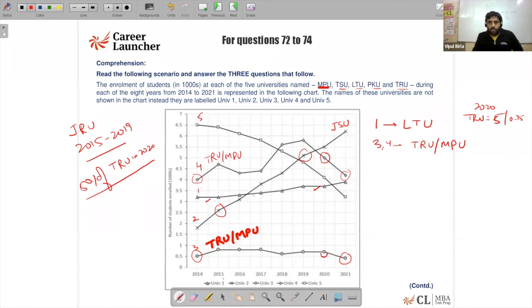So the change is 2.6, and it is 50% of what? 5. So therefore, I can straight away say that 4 is going to be TRU, 3 is going to be MPU, 2 will be JSU, and therefore 5 will be PKU. Okay.